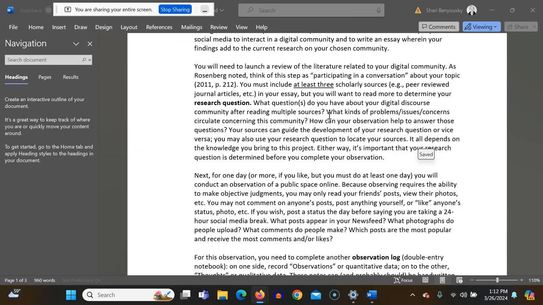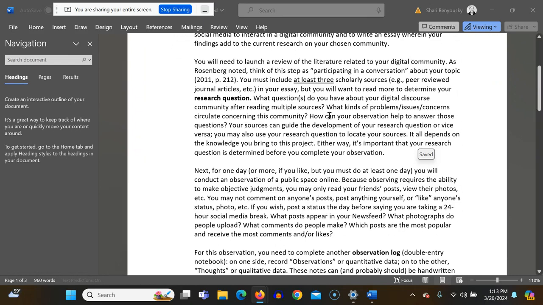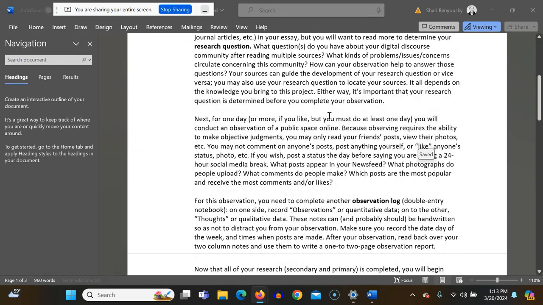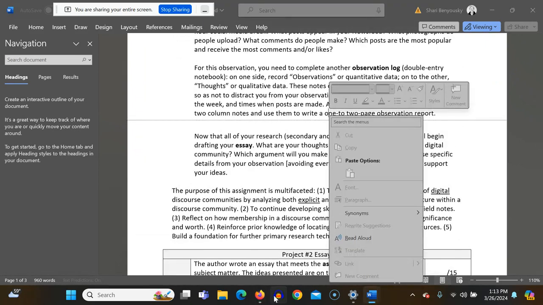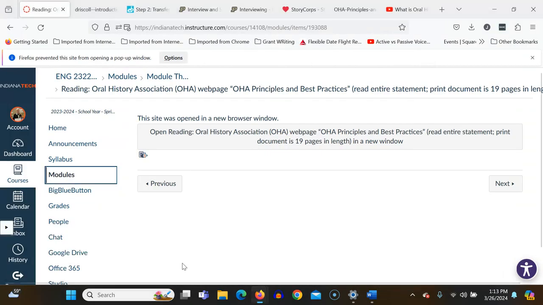But you're also going to be looking at not only peer-reviewed and scholarly stuff, but also other things that you might more readily read or look at that have to do with your source too. So other types of sources. So let's keep that up for a minute in case we need to refer back to it.